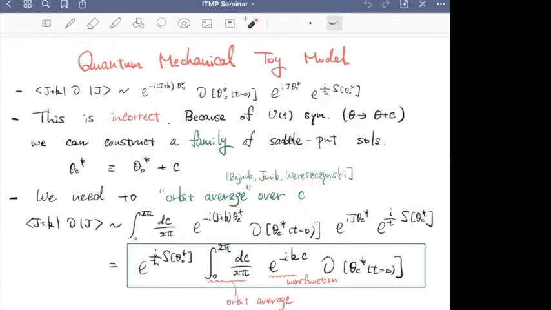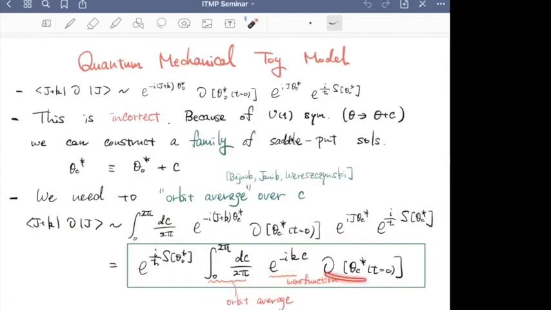And the correct result is going to be given by this expression. So you need to integrate over c, and you insert a saddle point, which is given by this. And if you further use the fact that the action is invariant under the shift, then this can be further simplified to this expression. And the rest is given by this. So this e to the ik minus ikc comes from the mismatch between this and this.